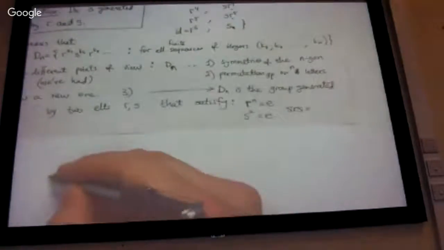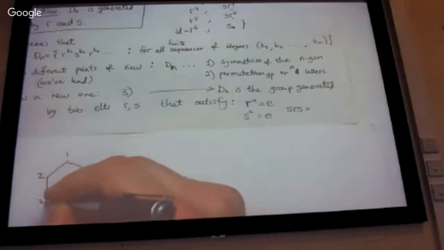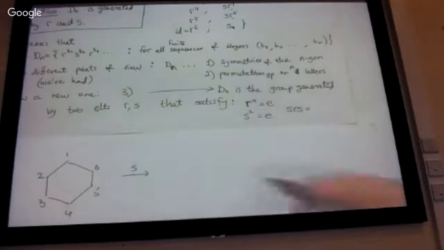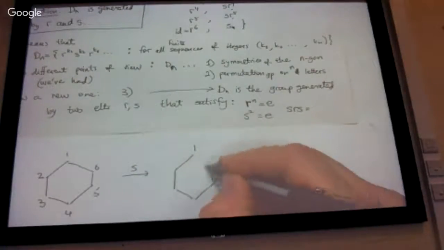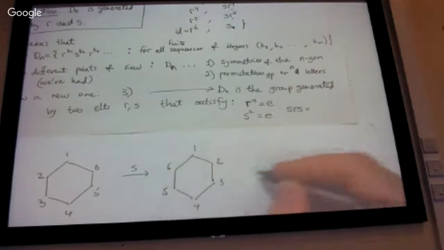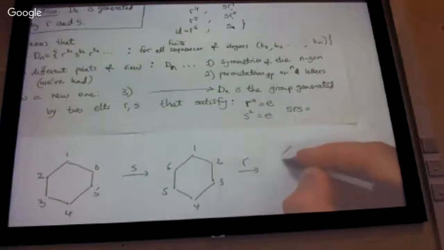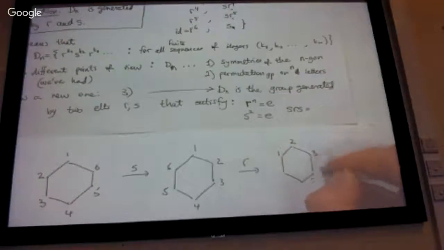Okay, so I have the hexagon. Reflection gives me a hexagon. It will always give me a hexagon. Rotate. Okay, so 1 moved there, 2, 3, 4, 5, 6.